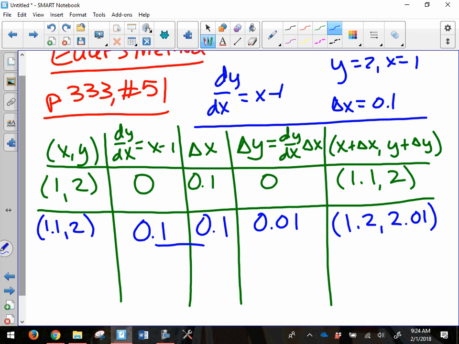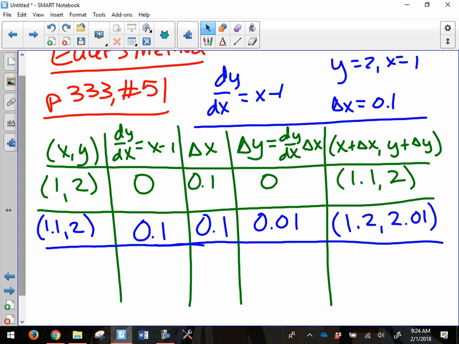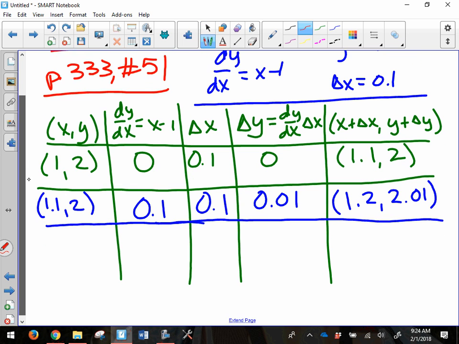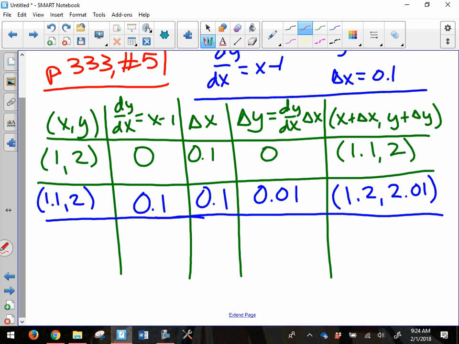I'm just adding my delta x to my x and my delta y to my y. And then that becomes my new point. And so I'm just taking these tiny little steps to go from one place to another.